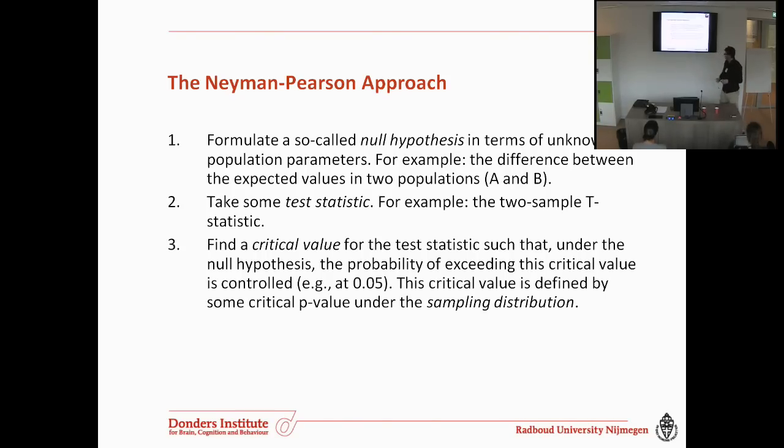And the last point, that's the one where you have to think a little bit about it, because it's also a bit longer sentence. What you should do is find the critical value for your chosen test statistic such that under the null hypothesis, the one that you formulate here, the probability of exceeding this critical value is controlled.